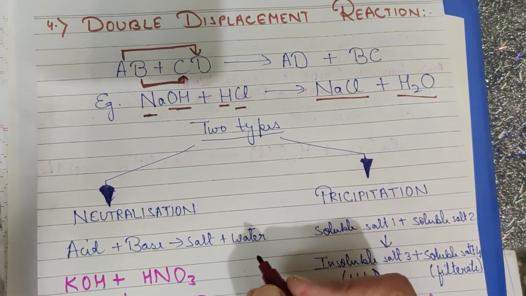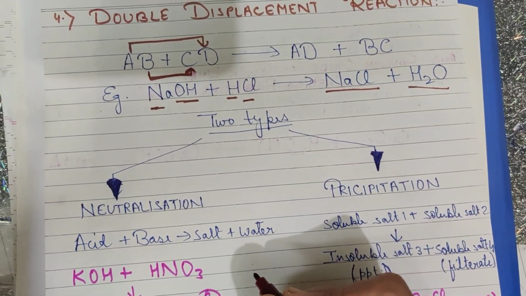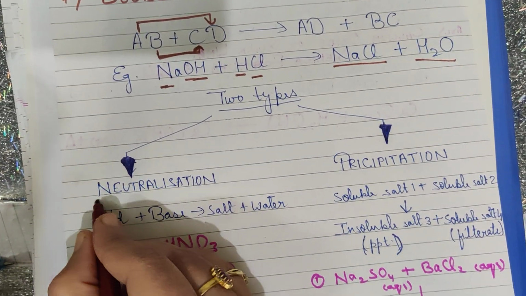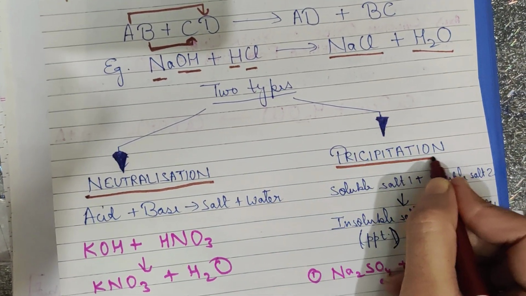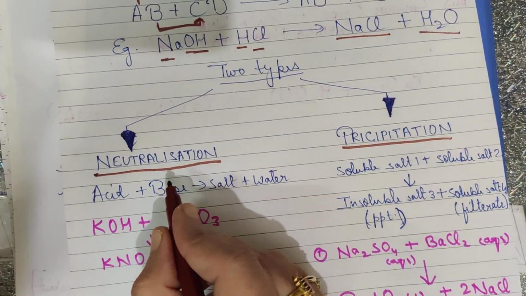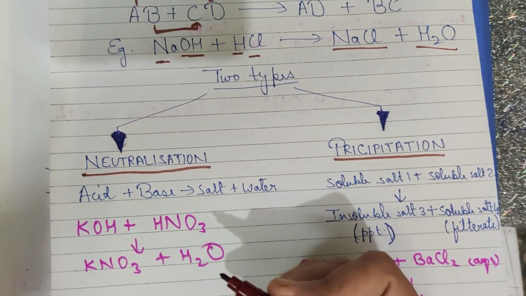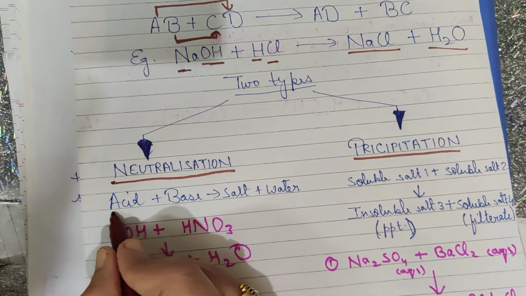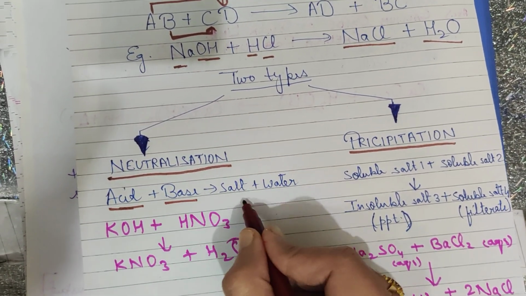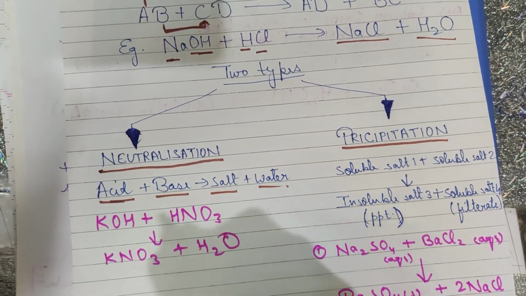Now this double displacement reaction can be further classified into 2 types, that is neutralization reaction and precipitation reaction. What does this neutralization reaction mean? Neutralization means, in simple language, acid reacts with base to produce salt and water.